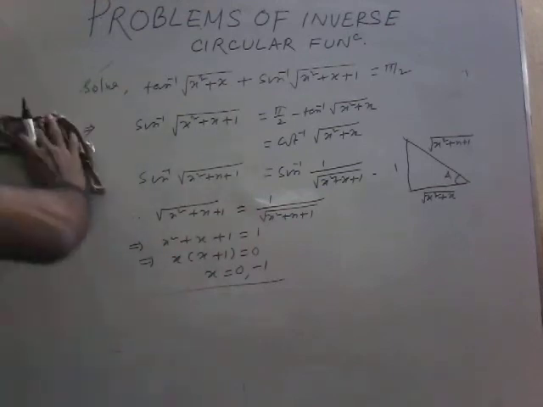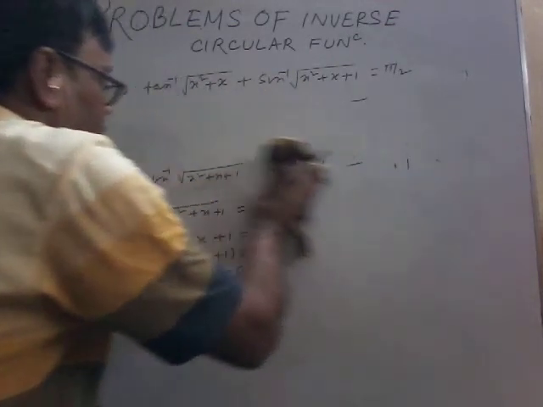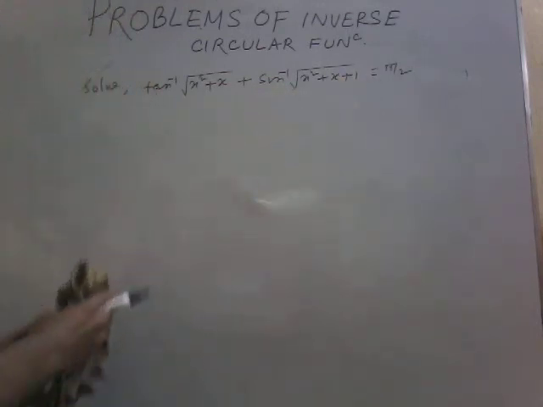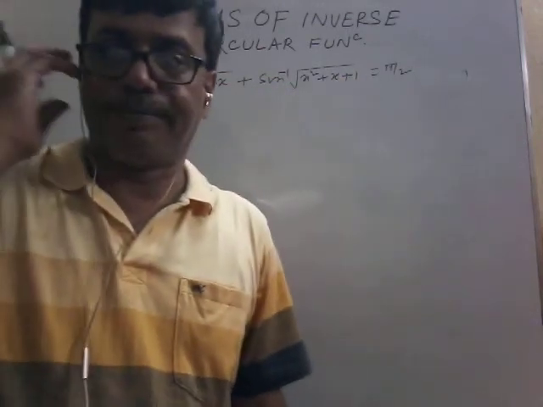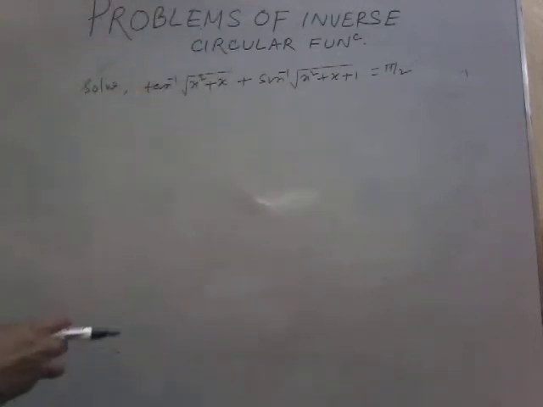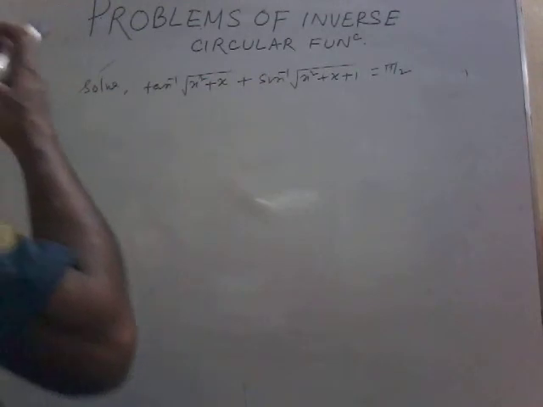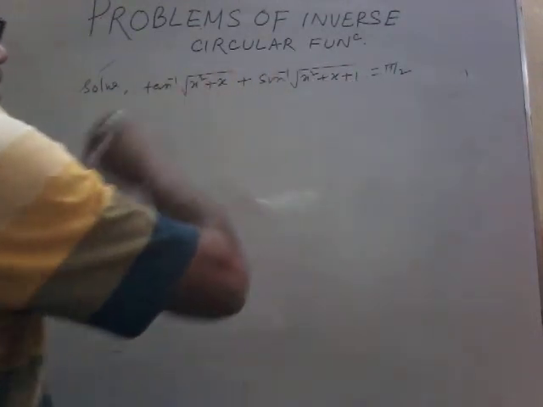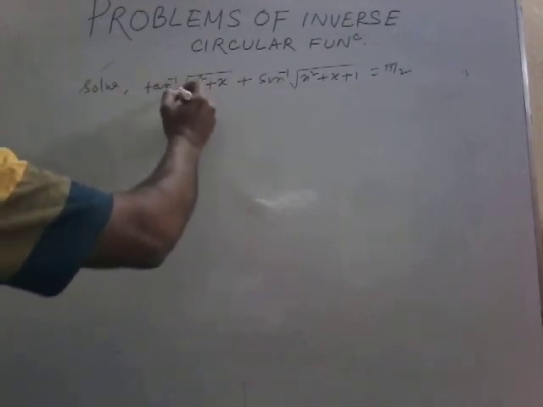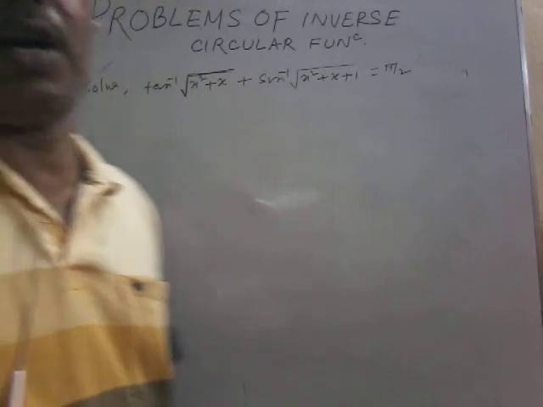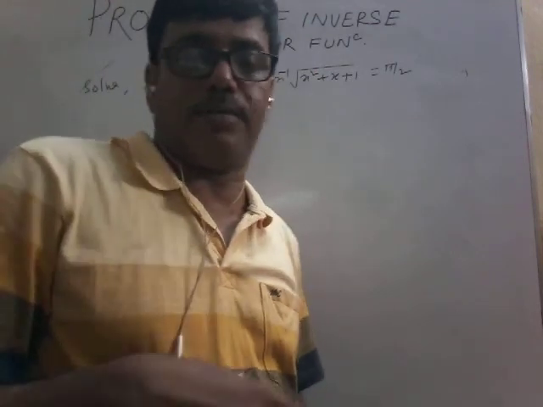Next, alternative. Look, we can solve this problem with the idea of domain. So look, the argument of this sine inverse, it is a root. You know root over a negative is not defined.